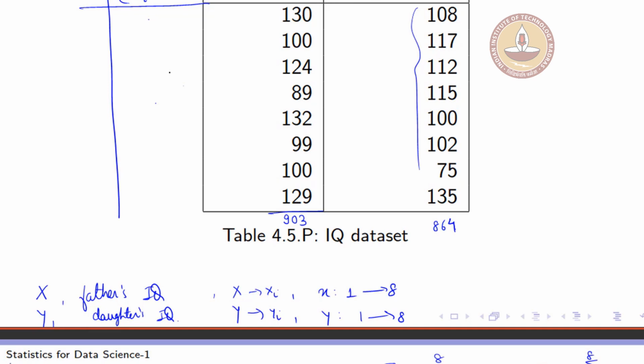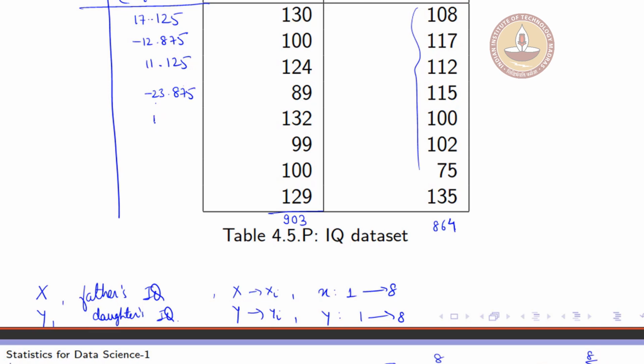Now let's calculate the deviation of father's IQ from the mean IQ. So this is going to be 130 minus 112.875, which is 17.125. This is going to be 100 minus 112.875, that is minus 12.875. This is going to be 11.125. This is going to be minus 23.875.